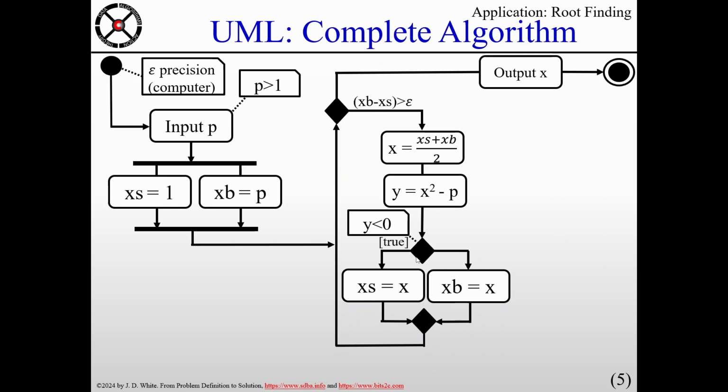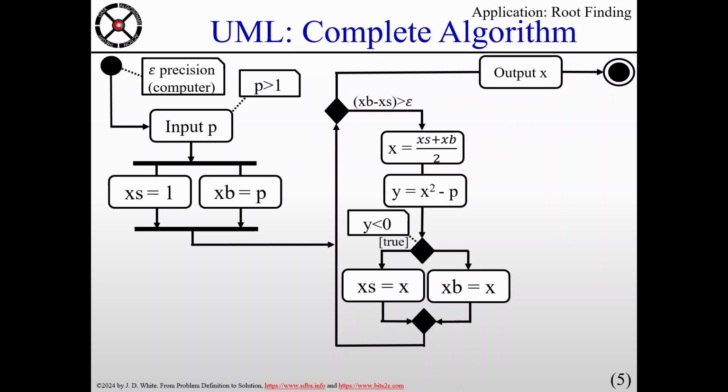Remember how we decided if y is less than 0, that means that xs can be increased. If y is greater than 0, that means that xb can be decreased. So in other words, if when we use this x, we find that y, let's say I'm looking for the square root of 2 squared.